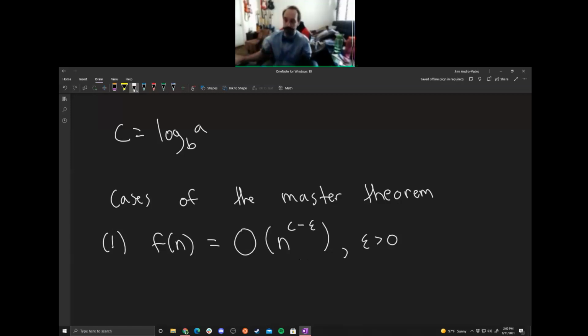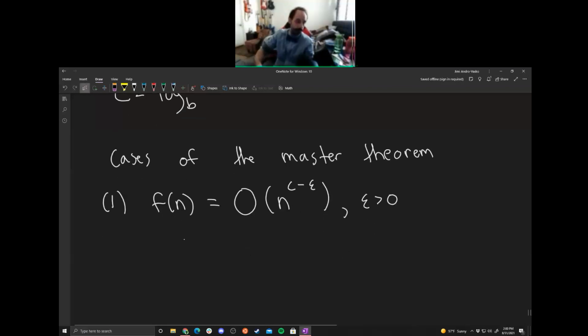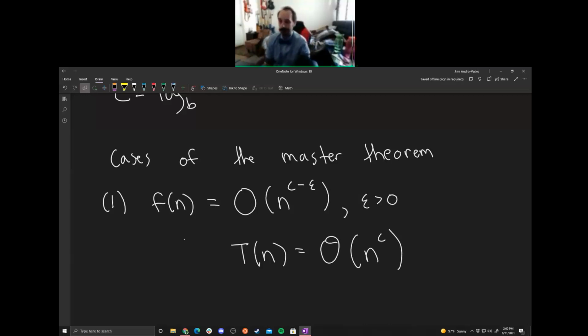If this is correct, then that means T of n is equal to theta of n to the power c. So you have to look at our recurrence relation and group it into one of three cases.